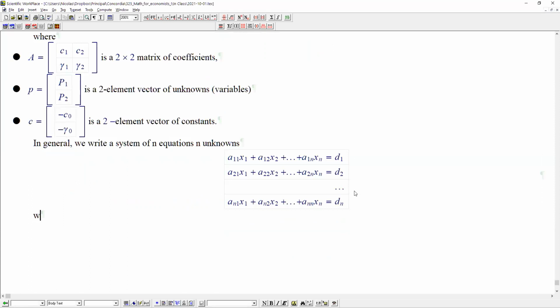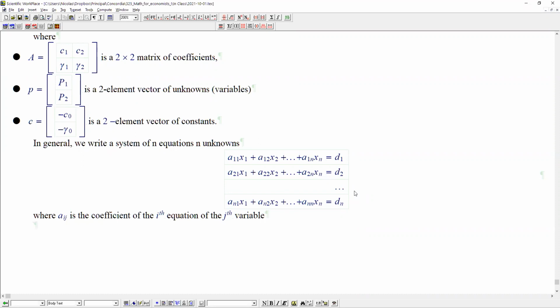So where Aij is the coefficient of the ith equation of the jth variable.